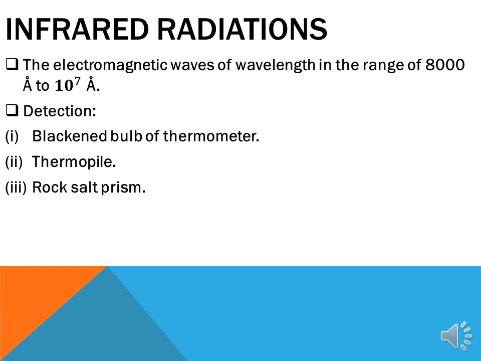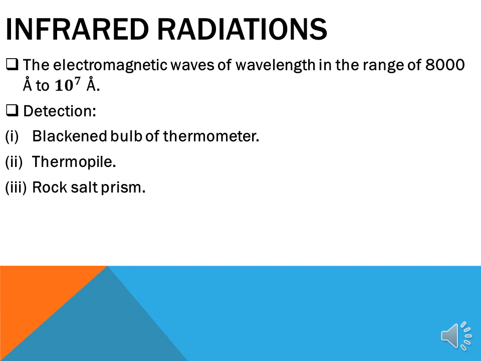If a thermometer having its bulb blackened is moved from the violet end towards the red end of the spectrum of visible light, it is observed that there is a very slow rise in temperature. But when this thermometer is moved beyond the red extreme, a rapid rise in temperature is noticed.